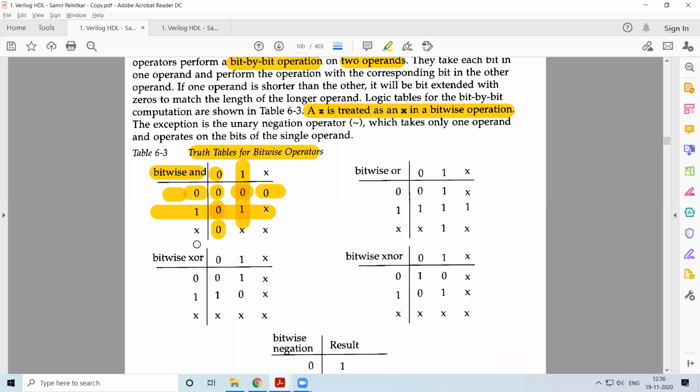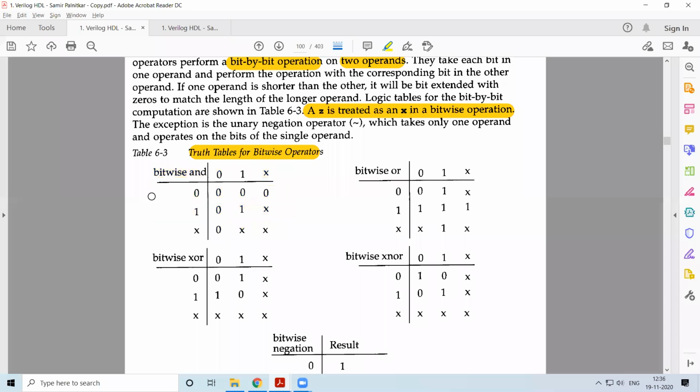Now if it is logic 1 and the other one is x, then the result is an ambiguous value, that is x. And if both are ambiguous values, then the overall result is also ambiguous. So just remember, if any one of the inputs is 0, the output is 0. Only if both are 1 will the output be 1.